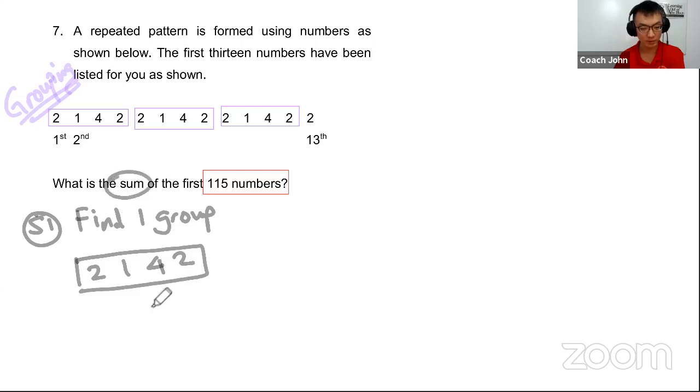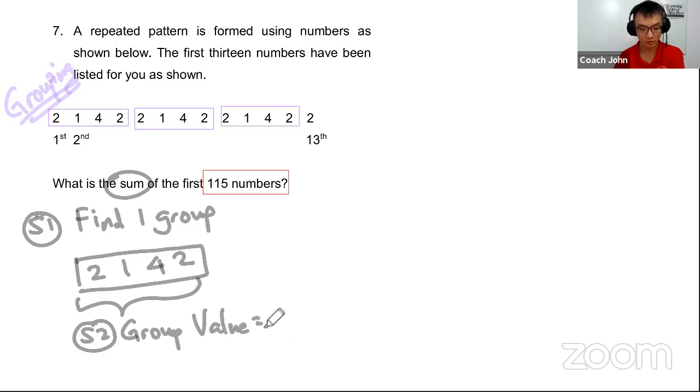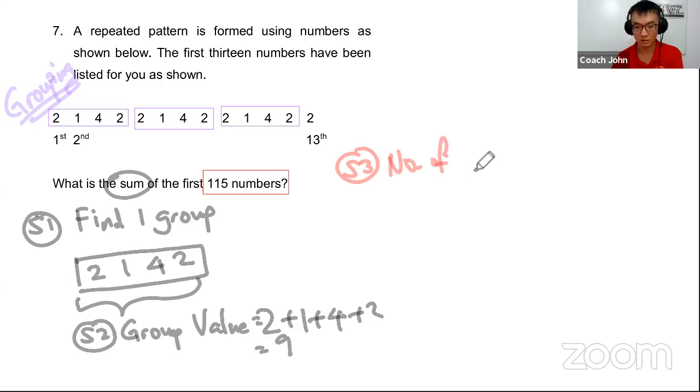Anyway, we are doing it with sum, so might as well find step 2, which is your group value, which is 2 plus 1 plus 4 plus 2, which is 9. Okay, so this is your group value. And step 3 is your number of groups. See, it's always the same.